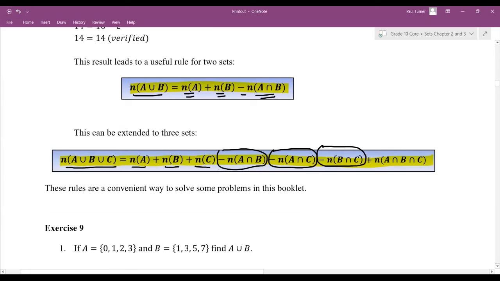And then we've subtracted too much actually, so we have to add back the intersection, A, B, and C. Right? You're going to see this in some problems when you do word problems. But you can read that example yourself.